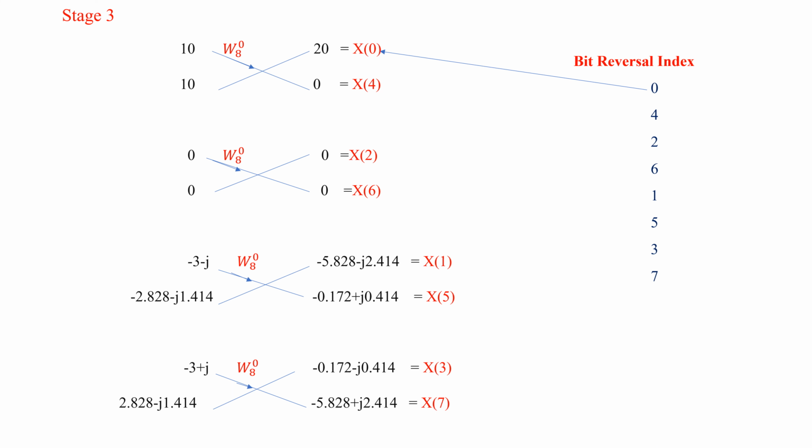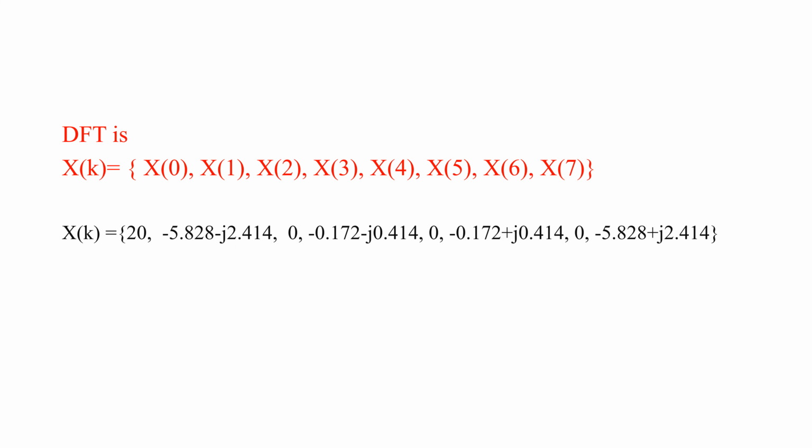Similarly, the third output, if you see, is x of 2. Now we got the individual outputs, but they are in reversed order. But we have to write the DFT as x of 0, x of 1, x of 2 in normal order. So we can substitute the individual values. Finally, we are getting the x of k.